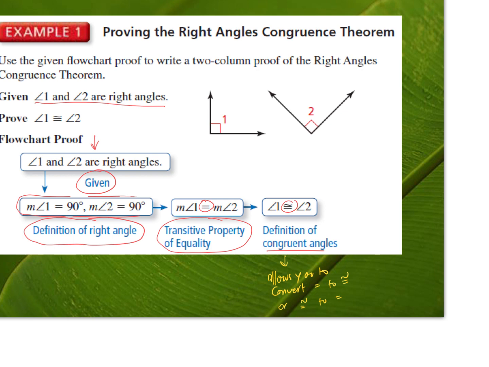It allows you to go back and forth, because what the definition says is that if two angles or segments are congruent, then they are equal in value. And if they are equal in value, then they are congruent. So anytime you're going to swap from equal to congruent or back, you can use the definition of congruent angles or segments to do that.